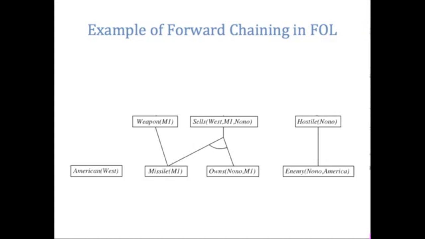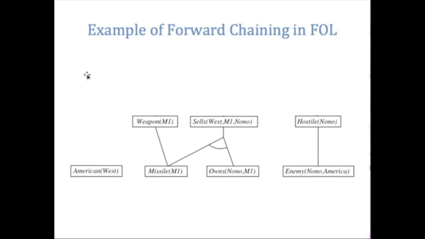We can conclude that Colonel West has sold M1 to No, and because No is an enemy of America, that No is hostile. So now we have these three additional facts.